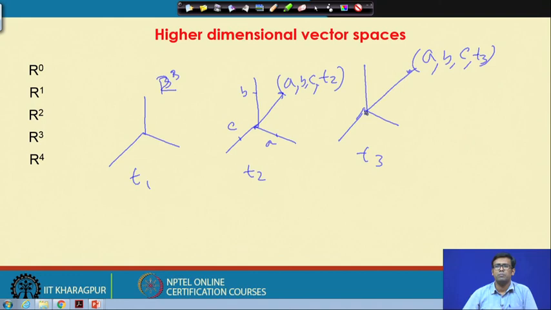However, both of them are members of the same vector space. So, now we get a 4-dimensional vector space where there are 4 components to express a vector: its length along the 3 coordinate axes and the time at which we are observing it.